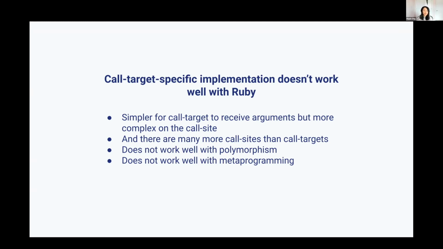And because Ruby is polymorphic, this solution to argument handling isn't ideal because there may be more call targets and call sites. It doesn't help that Ruby's metaprogramming, which is kind of like a more extreme version of polymorphism, can make the call target completely unpredictable.